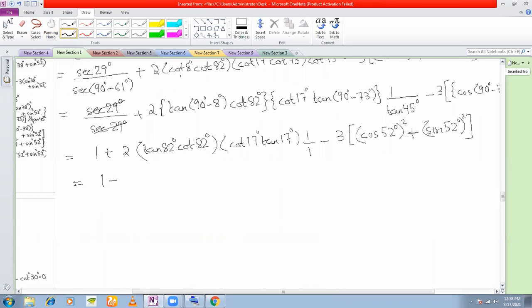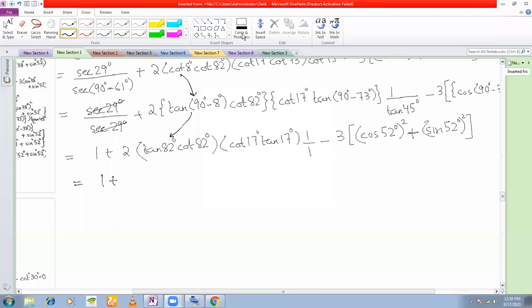Now 1 plus. Now see why have I changed this cot to tan? I changed this cot to tan so that the product of tan and cot, can you tell me what is the product of tan and cot? Tan and cot are reciprocal of each other, right? So what should be their product?